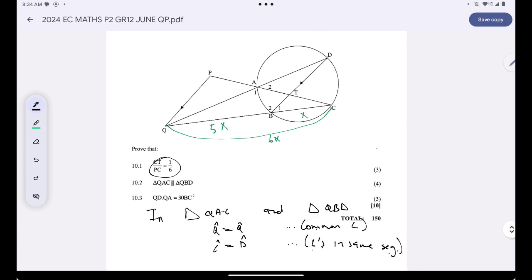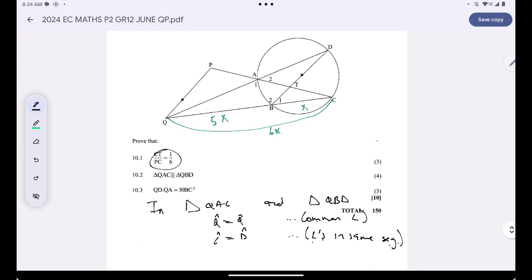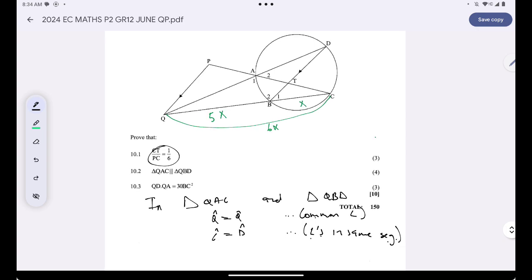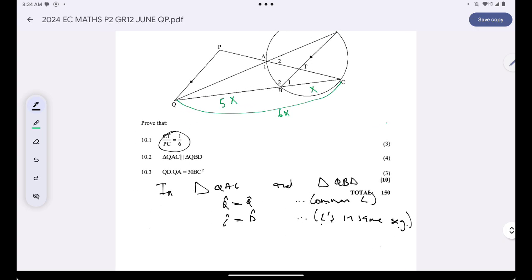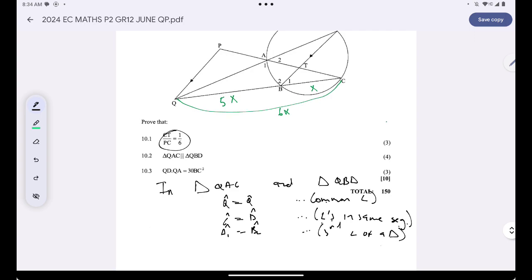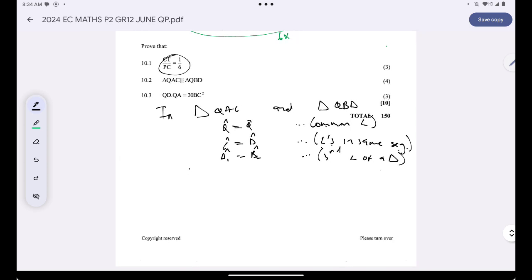And this will make the other two angles equal by default. All right, so angle A1 will be equal to angle B2. This will be the third angle of a triangle, and therefore I can conclude that triangle QAC is similar to triangle QBD.